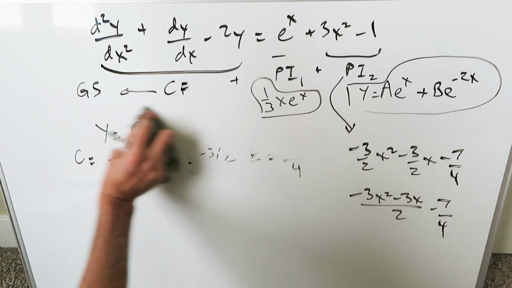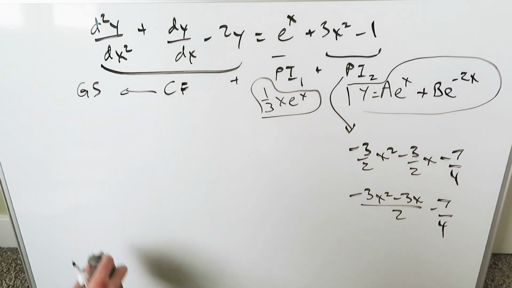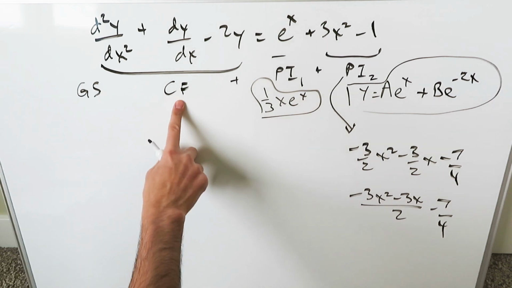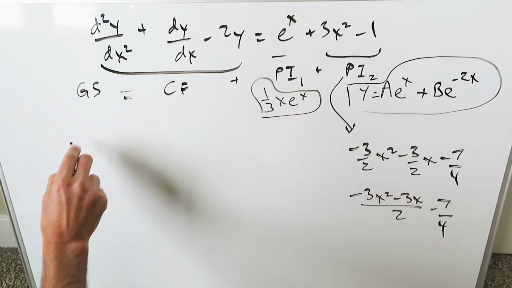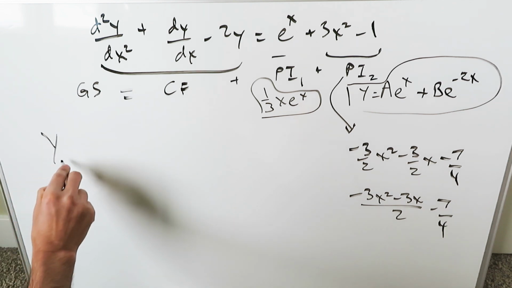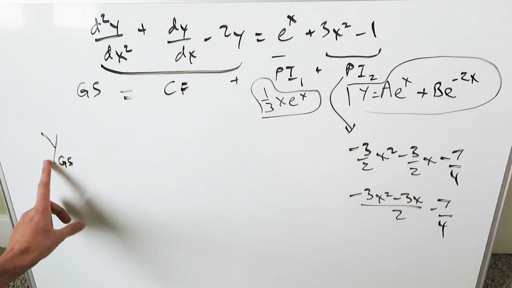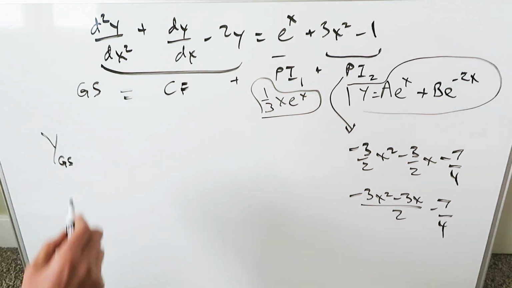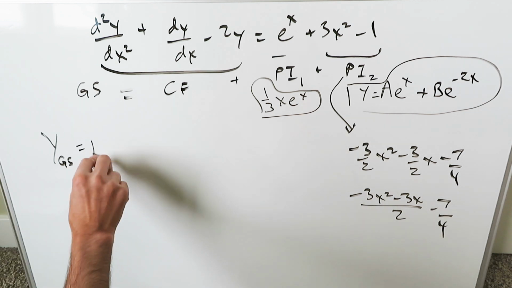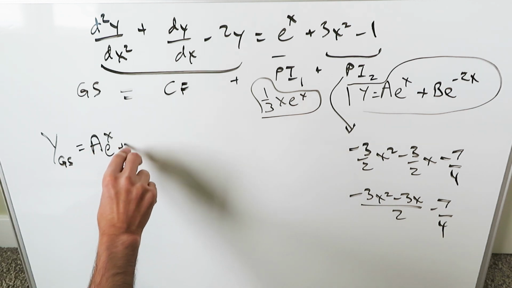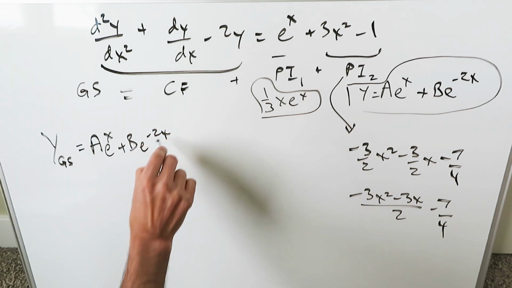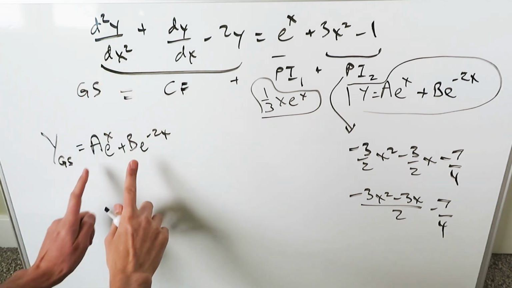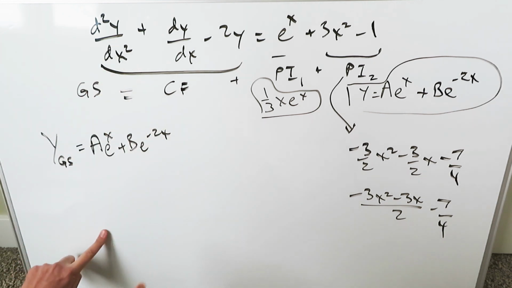And we'll bring our general solution now for you. Our general solution is the complementary function plus that. Our general solution y_gs is equal to our complementary function, which you have over there, a e exponent x plus b e exponent minus 2x. It's a second order differential equation, so I have two constants over here, and that's good.